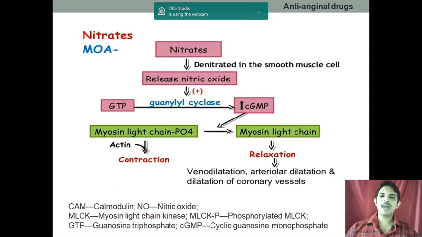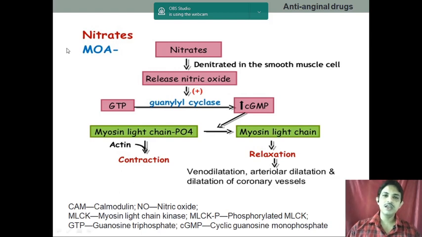Now coming to the mechanism of action of nitrates. Whenever we are talking about nitrates, these drugs cause the release of nitric oxide in the smooth muscle. Smooth muscle here means the blood vessels.